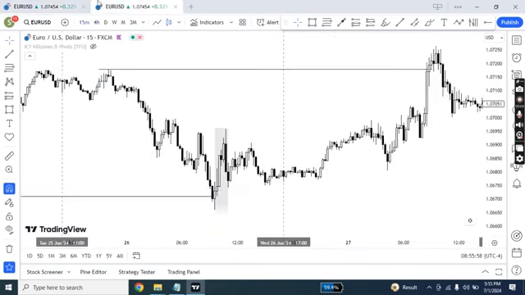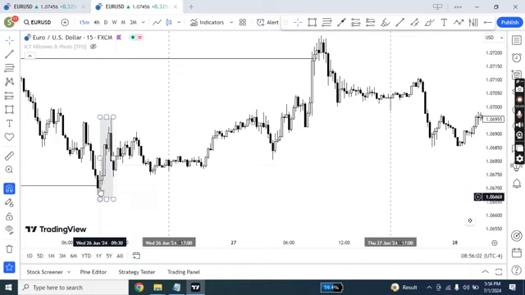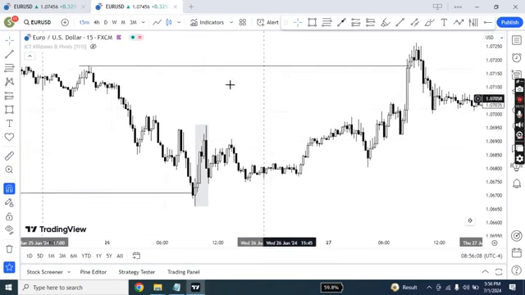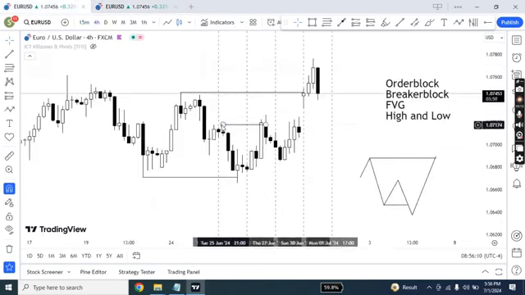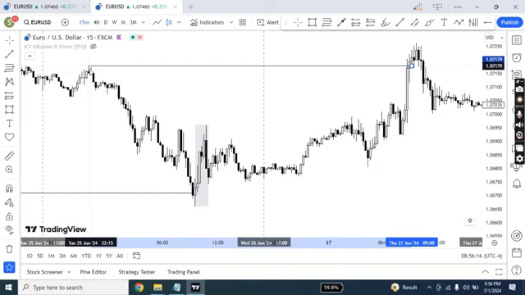Now on Thursday, what happened is that obviously we already had taken out this low on Wednesday, and price went straight into a reversal profile right here. Now on Thursday, and also as I said, we've got this key level right here as a drawn liquidity and as a key level for us to trade a market profile, right?